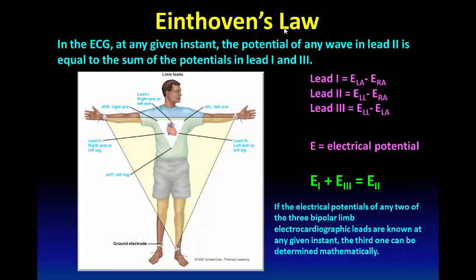So if we measure the voltage of a particular wave in lead 2 and we measure the voltages of the same wave in lead 1 and lead 3, and we find that the voltage of that wave in lead 2 is equivalent to the sum of the voltages of the wave in leads 1 and 3, this means that our ECG connection and the placement of the electrodes are correct.